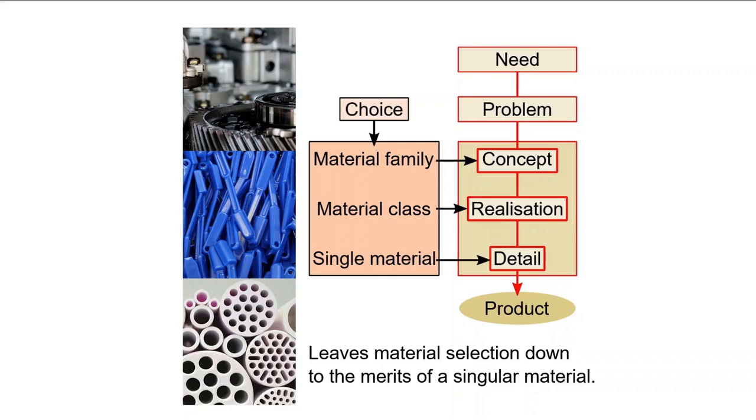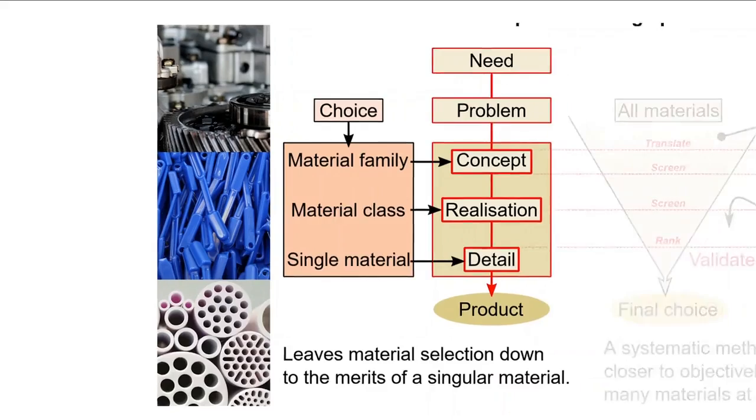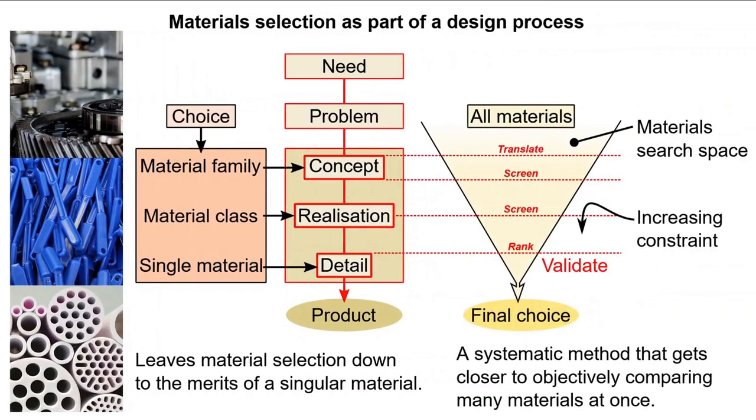The rationale behind these choices requires deliberating on singular merits of materials, and there's nothing particularly incorrect about this approach. However, it may discount other viable choices in its approach or impede the design process. There is a companion methodology that can run in parallel to this process, which addresses some of the shortcomings of comparing the merits of singular materials.